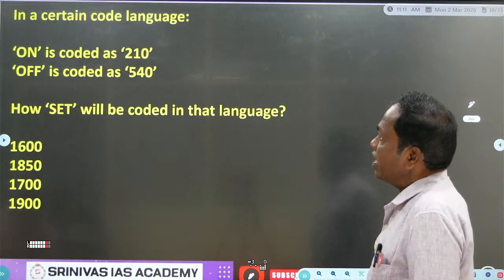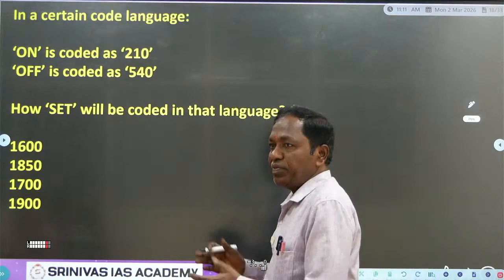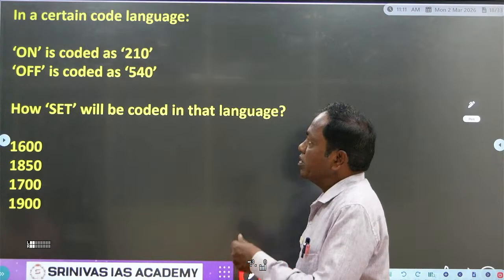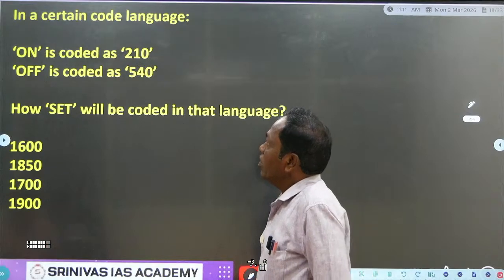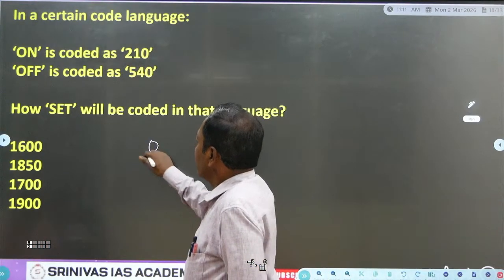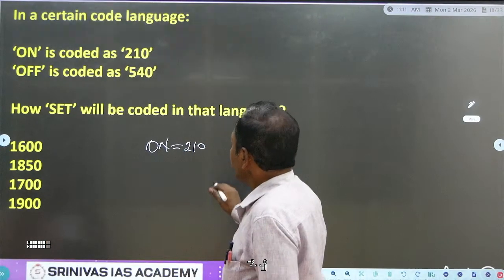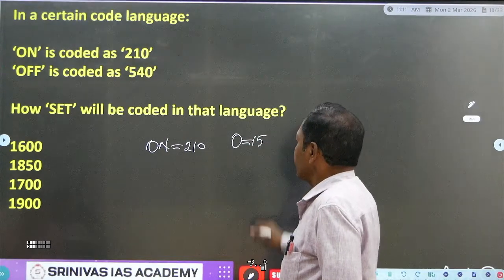Next, in a certain code language, ON is coded as 210. 210 is a very big value. Maybe the product of the position of the letters is also possible. On equals 210. What is O? N, O, 15, right.